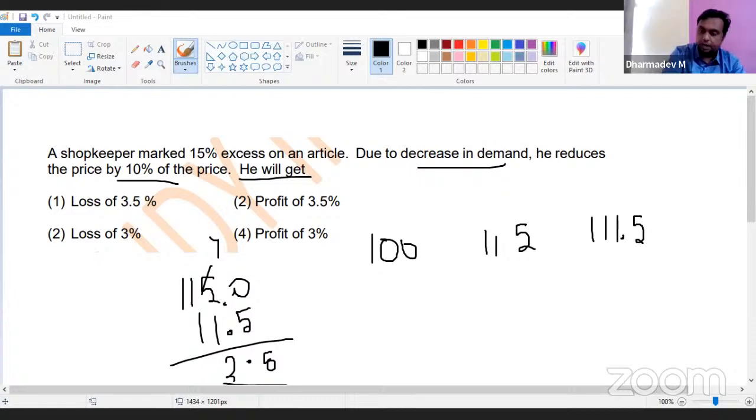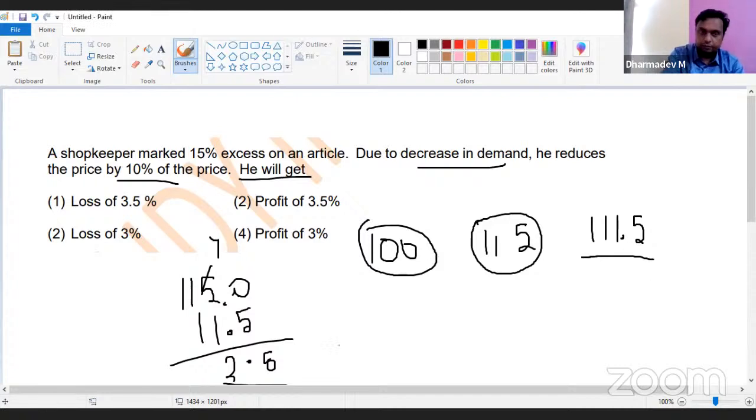He already got it for 100. He's fixing 15 more, so the new price is 115. With that, he is selling it for less, for 111.5.